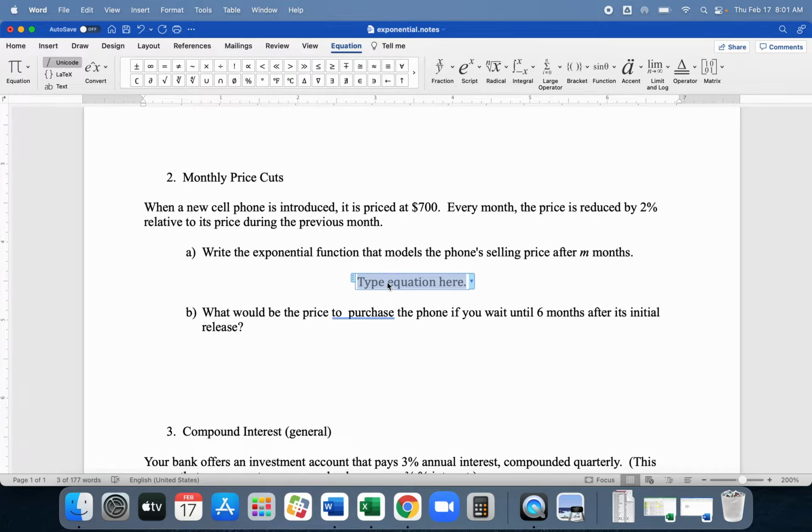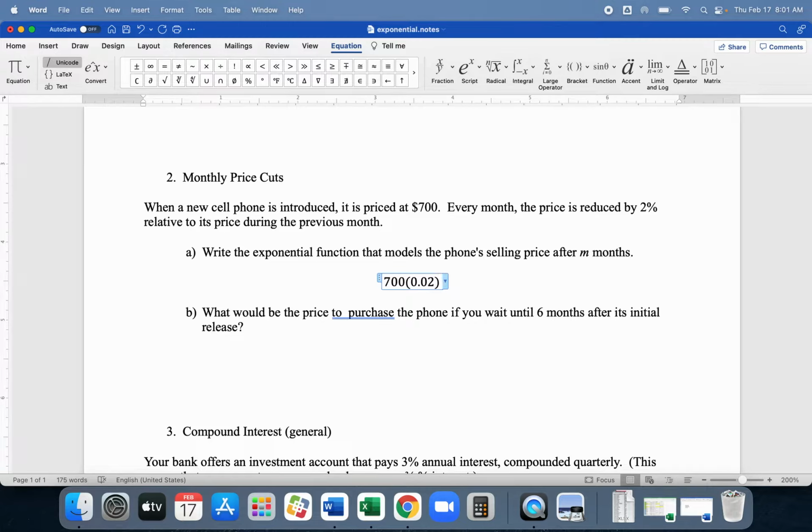But starting at $700, the price is reduced by 2% relative to its price during the previous month. What is it that we multiply to make a decrease of 2%? 0.02. Not quite. If I multiply by that, I'm going to get the 2%, but I want to decrease by 2%. What's the other number?